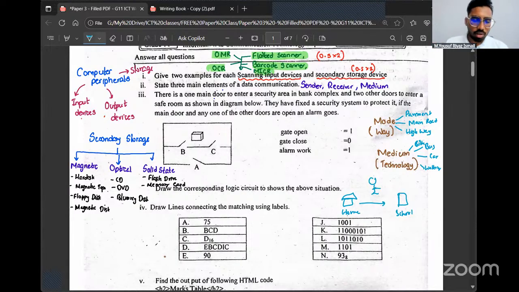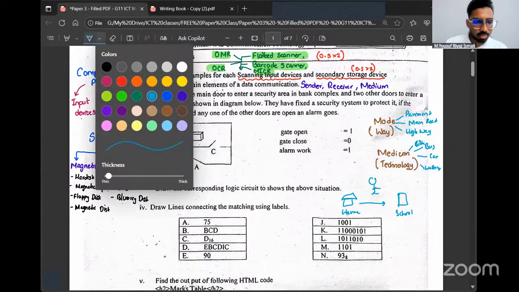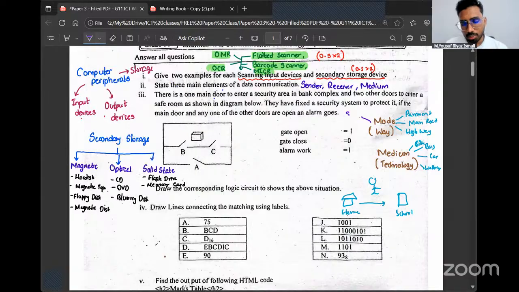From the practical perspective, but theoretically, mode is how the data is traveling. Is the data traveling from the sender to the receiver only, with simplex mode? Or is the data traveling between sender and receiver both, but only one at a time? That's half duplex.